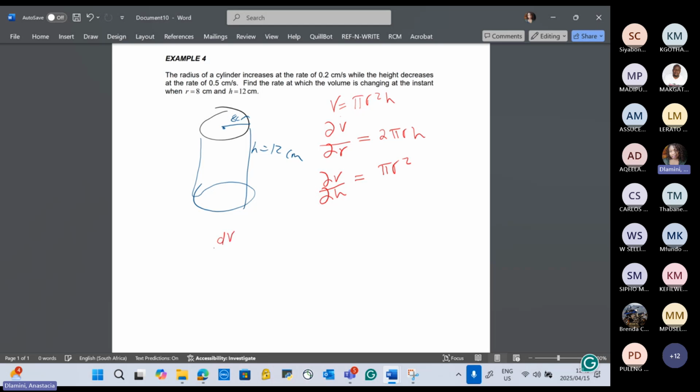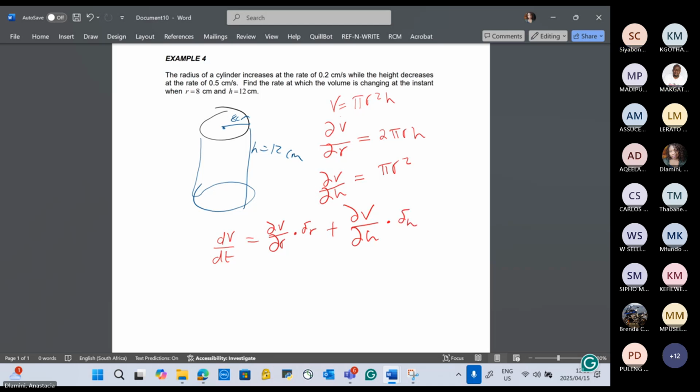Remember, you are writing an oral exam. dV over dt is equal to the partial derivative of V over the partial derivative of R, which is 2 pi RH, multiplied by the rate of R, plus the partial derivative of V over the partial derivative of H, the same as above, multiplied by the rate of change of the height.